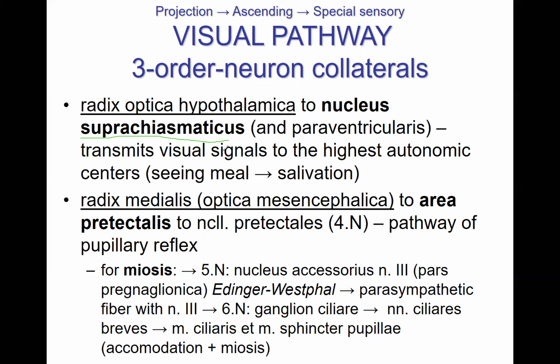And the rhythm affects, for example, the melatonin secretion in the pineal gland, but also it affects the alternating of the levels of some hormones like cortisol. So it gets information from here.